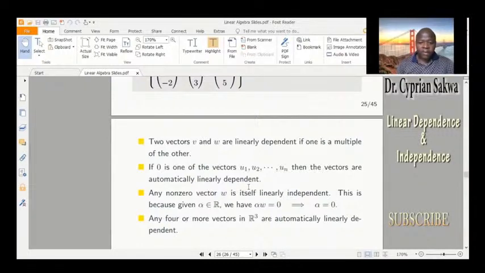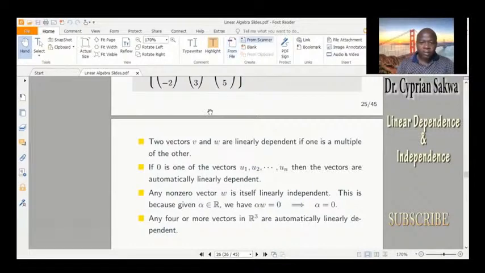Now, suppose we are given several vectors, even 3 or 4 or 5, and 0 is one of the vectors, then the vectors automatically become linearly dependent. So let me just show you.